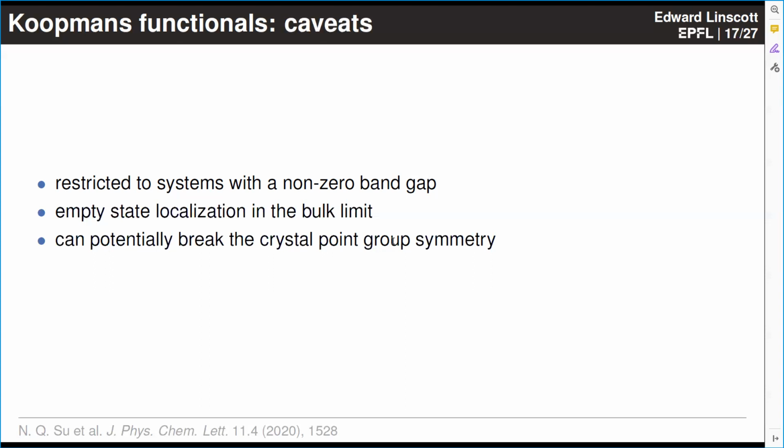And secondly, having an ODD can break the crystal point symmetry, so sometimes you get solutions that break symmetries. There are tricks that you can play. There's a publication here by Guitao Yang and co-workers, but we haven't yet explored these methods. But perhaps when we come across a really troubling problem, we might do so.